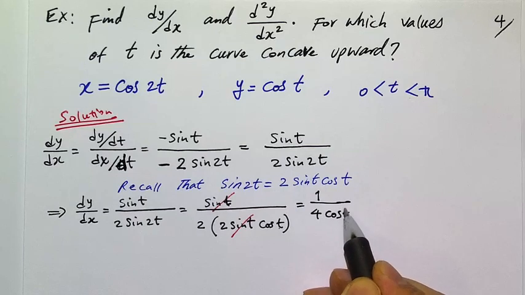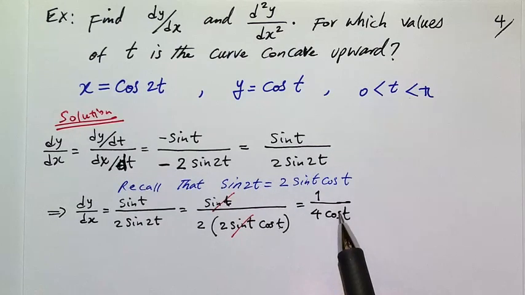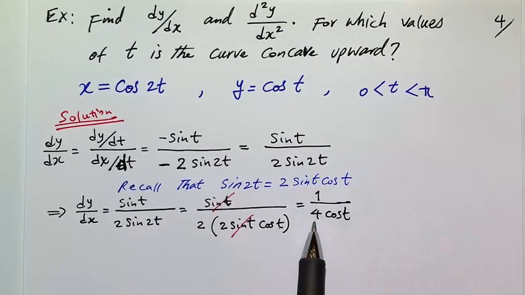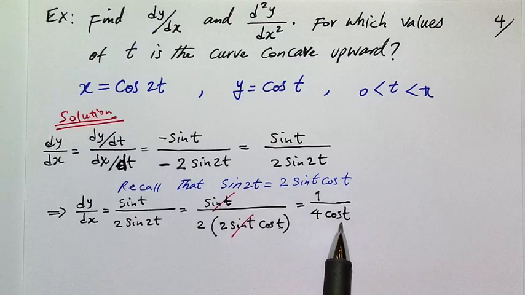Of course, we know that the reciprocal, we have 1 over 4 times 1 over cosine t, right? But 1 over cosine t, or reciprocal of cosine function, is the secant function.